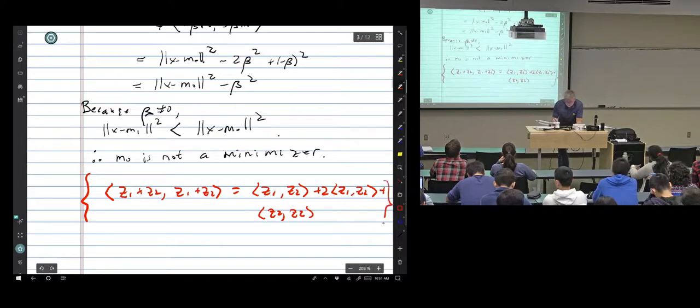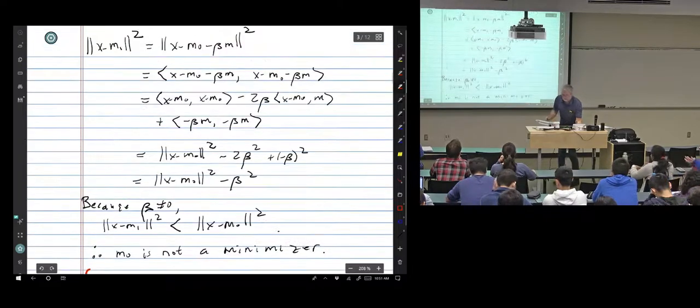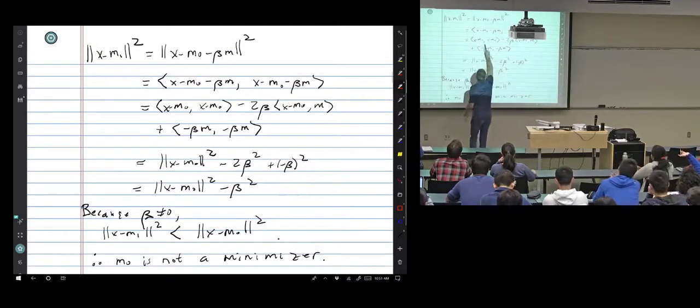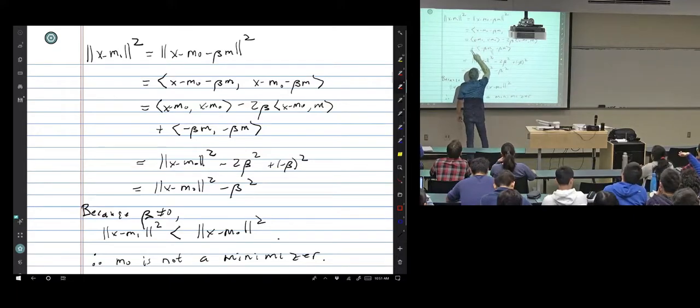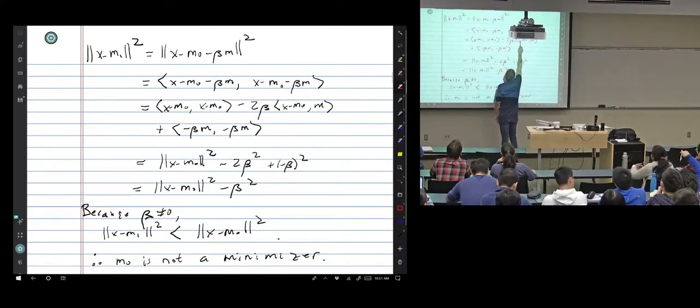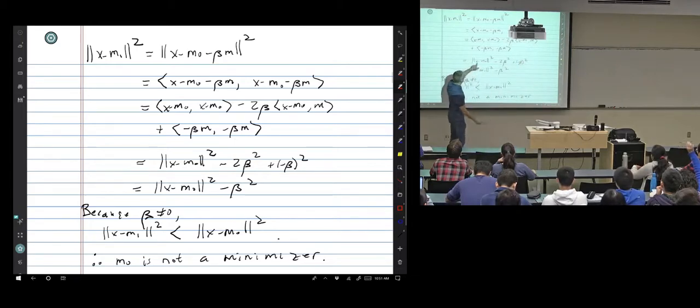Okay? That's all we used up here. That's all we did. Here's our Z1, and beta minus beta M, that's the Z2. And so that's the expansion that we did right here.